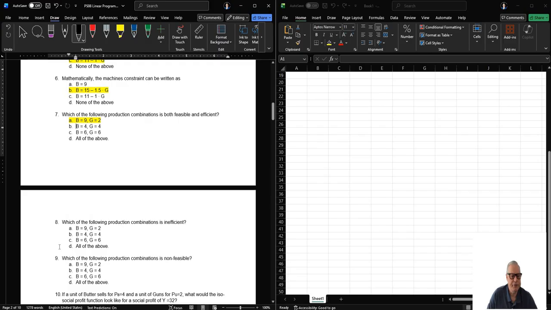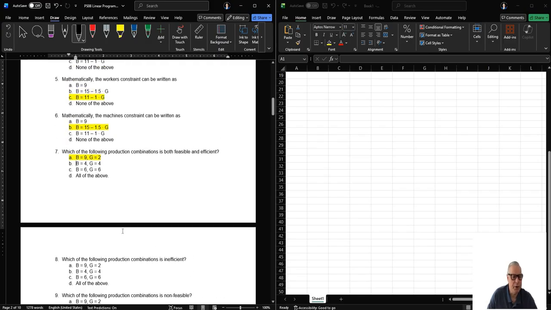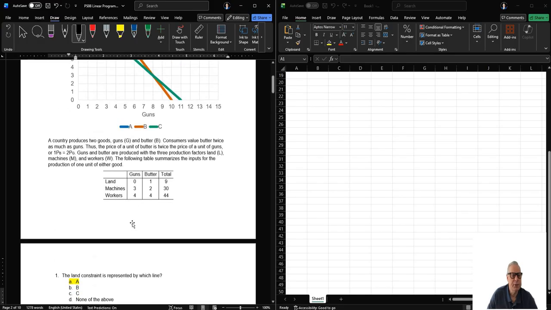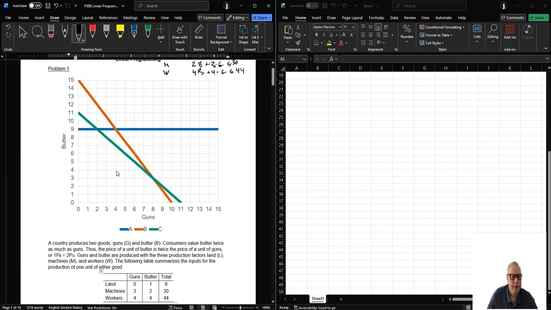Which would be inefficient? Well, it must be something inside, probably the 4 and 4. So let's double check. Yeah, 4 and 4, that would be inside the PPF. So that means with my given resources, I still could produce more of both guns and butter. I don't face any trade-off, so that can't be efficient. So that must be some resources are slacking off.